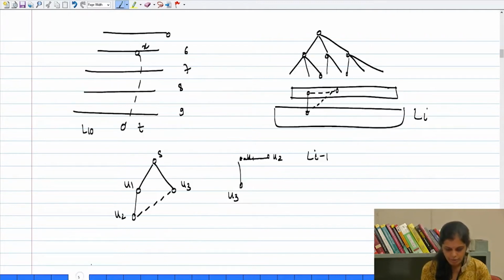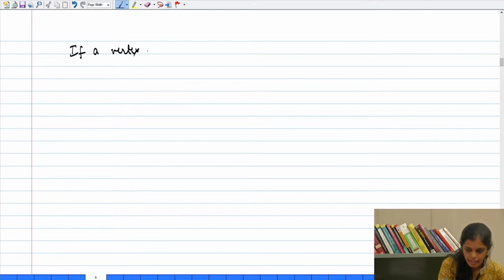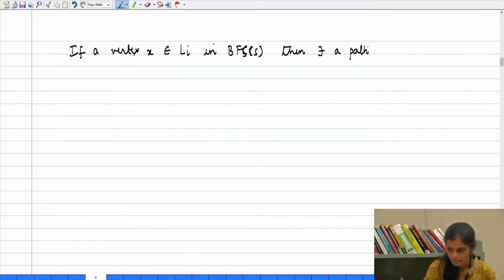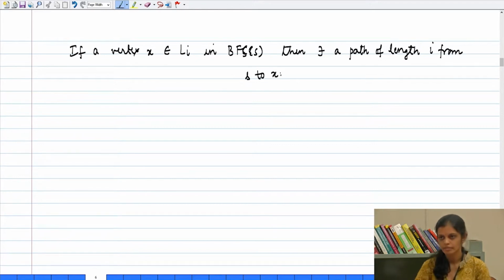So we will also write one more observation, that is, if a vertex X belongs to Li in BFS of S, then there exists a path of length i from S to X. This is the claim, and this is quite obvious because we have constructed that path, we have shown that witness path.